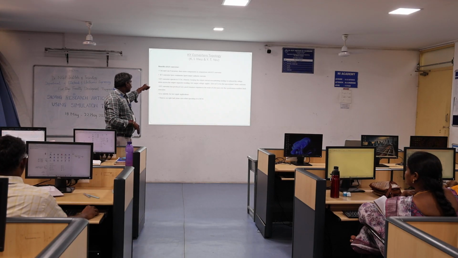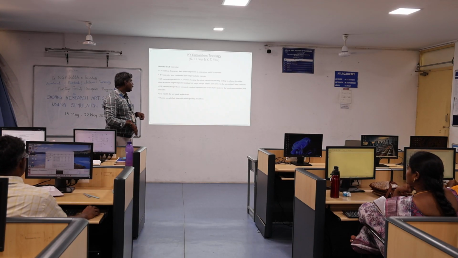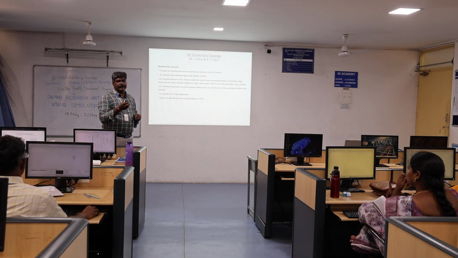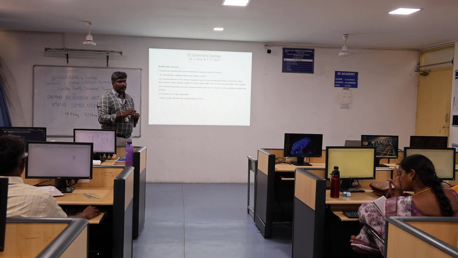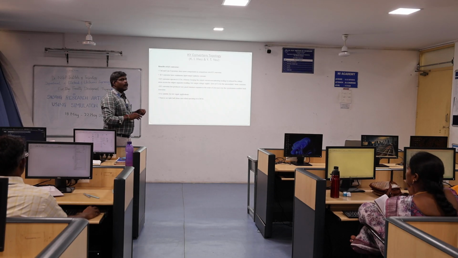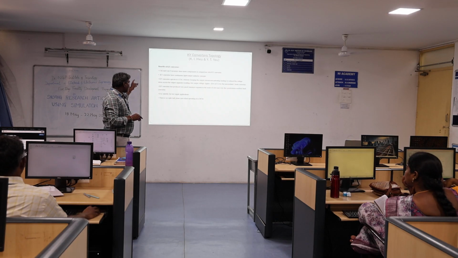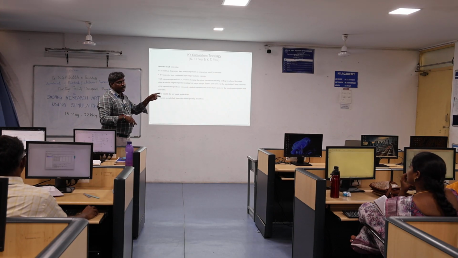Next, we can operate in continuous conduction mode, and the ripple voltage is in the millivolt range compared to the Luo converters and Cuk converters. The next one is that the KY converter has a very good transient response and settles quickly, in the millisecond range.